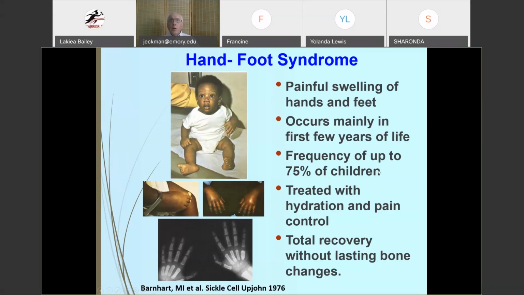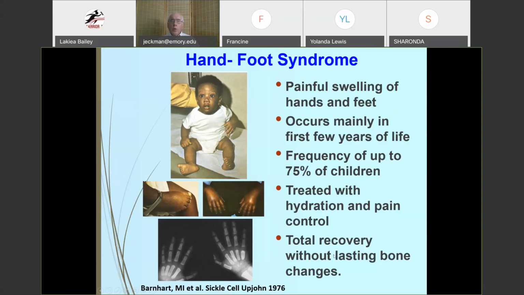Now we do newborn screening, but still at least half of children will experience hand-foot syndrome early in life. It's easily treated. It only requires hydration and pain control, usually with simple things like Tylenol and medications like ibuprofen. And there's total recovery.